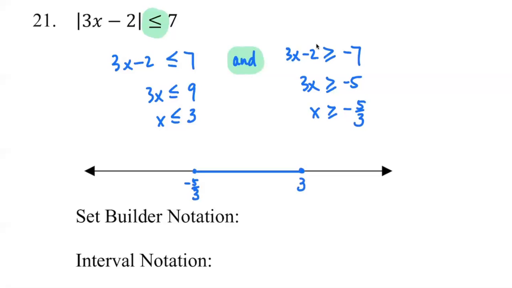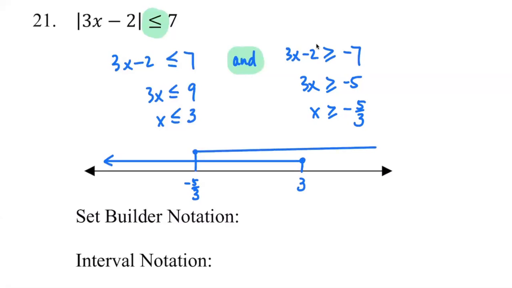Now, this is one way to present it, and that's what I showed you. Some teachers would also prefer this way of showing the solutions. They would make a line right here that shows x is less than or equal to 3, and then use another line that shows x is greater than or equal to negative 5/3.